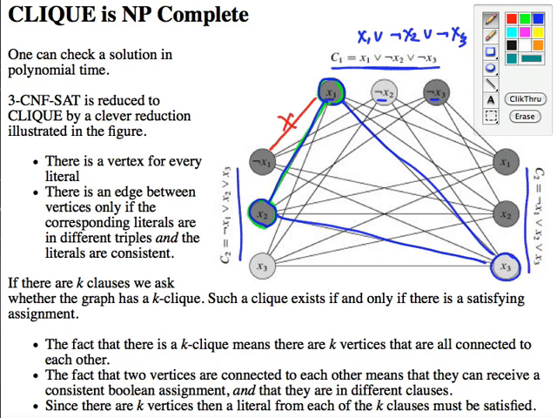So you can find a k-clique if and only if there's a satisfying assignment, because the fact that it's a k-clique means all of them are connected to each other. That means that they're all consistent with each other, because the line means that they're consistent. And also, because it's of size k, you're covering the k clauses, so every clause has a literal that is satisfied, so the overall conjunct is satisfied.